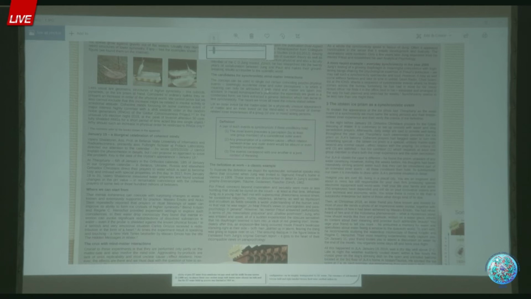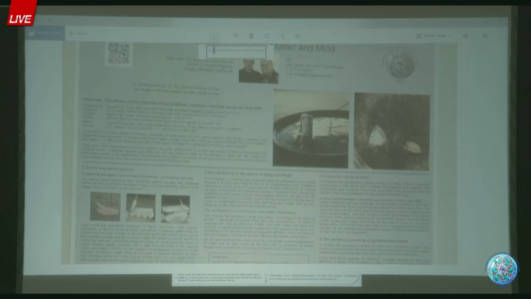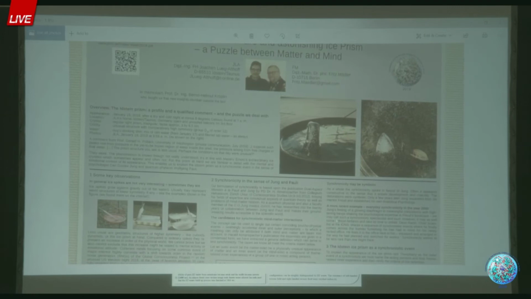We posed the problem into the model of Jung and Pauli, Wolfgang Pauli, the quantum physicist, and Carl Gustav Jung, the psychologist, because they have a one-world model which provides a concept to relate mind and matter beyond causality, I should say. And so in this middle column, we go to the roots.